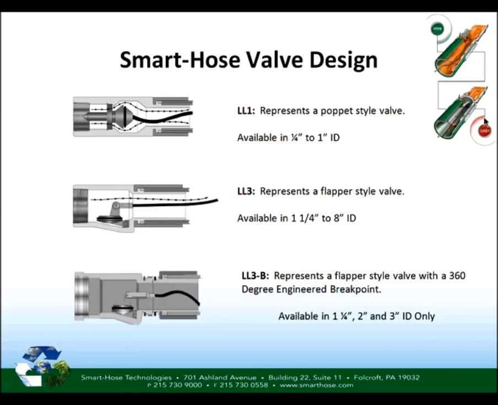And as I mentioned, our LO3-B is the same type of flapper-style design. It just has the engineered breakpoint in it, and that's available right now just in our 1.25, 2 inch, and 3 inch IDs only. Hopefully we will be expanding that line and have a breakaway for every size hose.